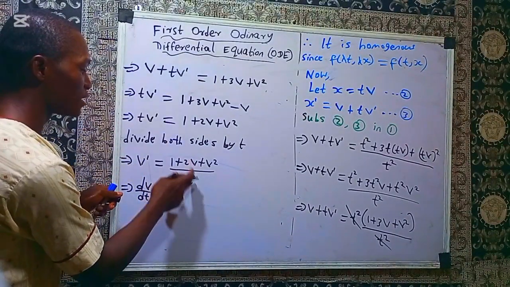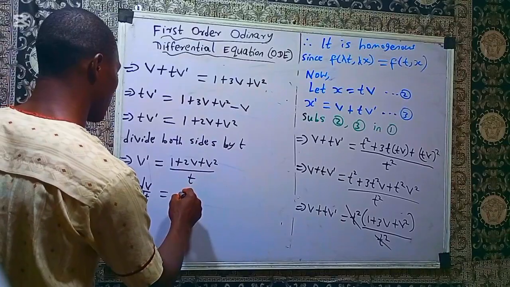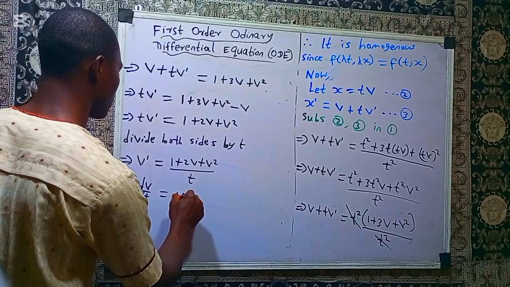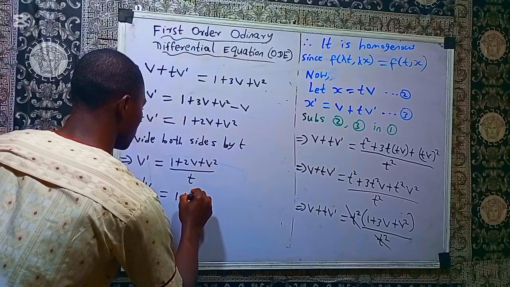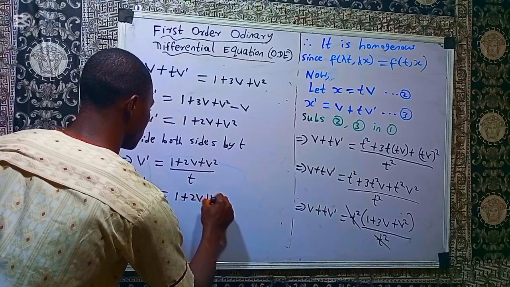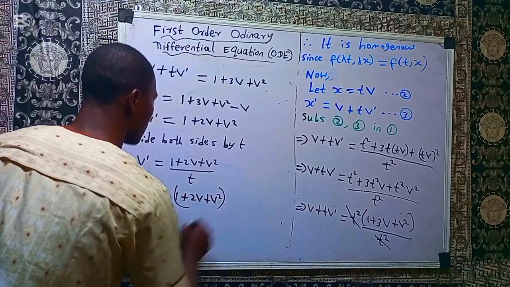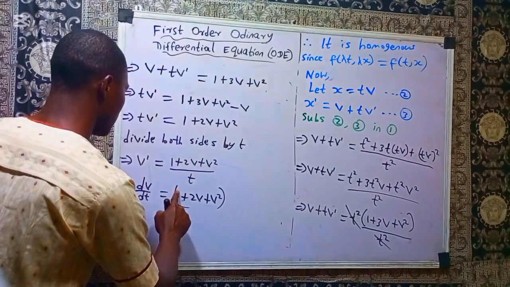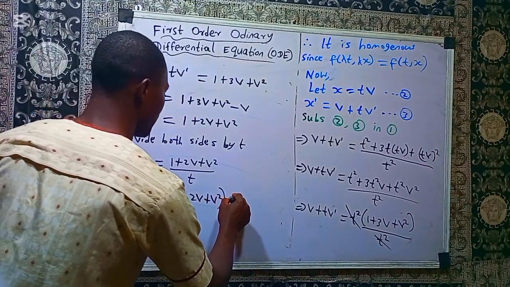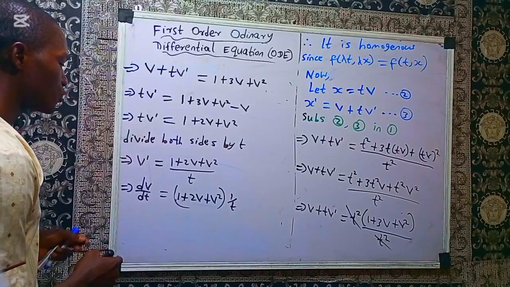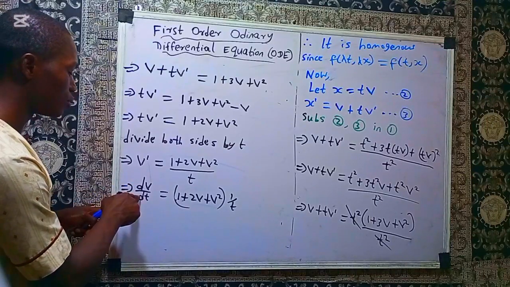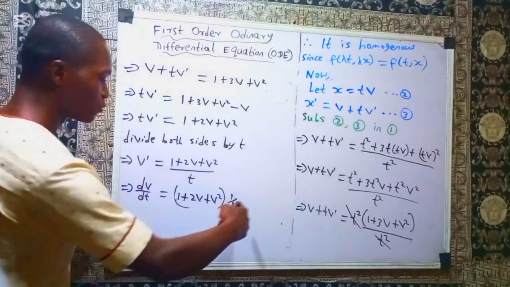That's the idea. So this will be equal to what? I want to separate this t. So how will I write it? I can write it as 1 plus 2v plus v squared enclosed in a bracket, multiplied by 1 over t. This is how I can write it. So I want this dt to come to the right.